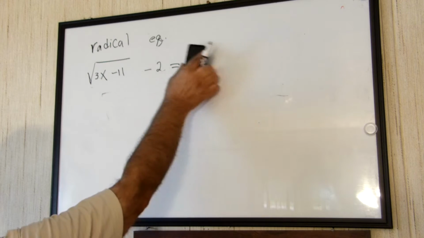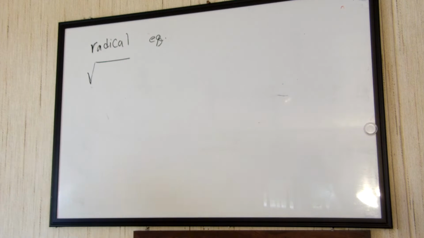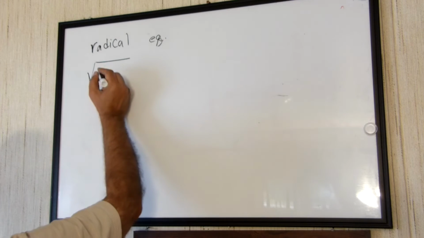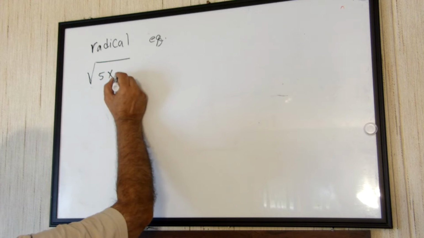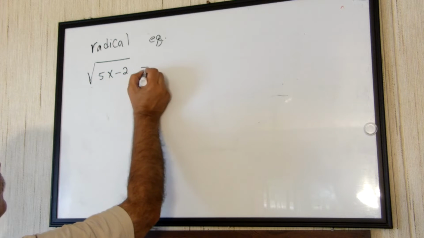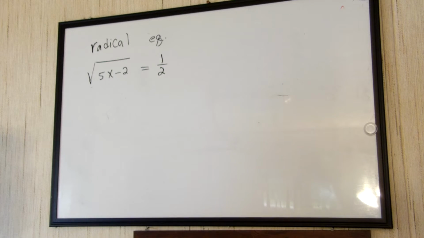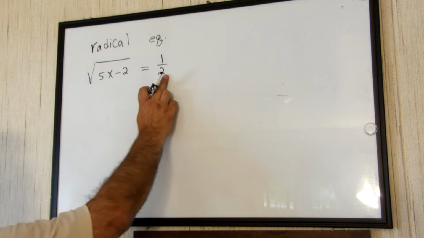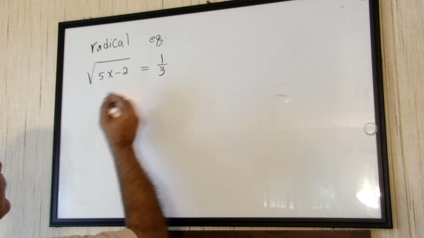Let's try another one. If we have the square root of 5x minus 2 is equal to 1 over 2, suppose this is 1 over 2, or 1 over 3, it doesn't matter.